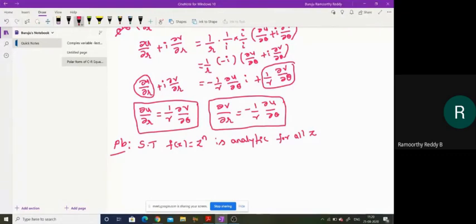Suppose f(z) = z squared. How do we check the function is analytic? If you consider f(z) = z squared, then how do you prove the function is analytic?